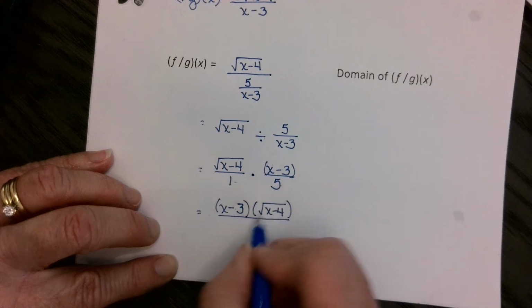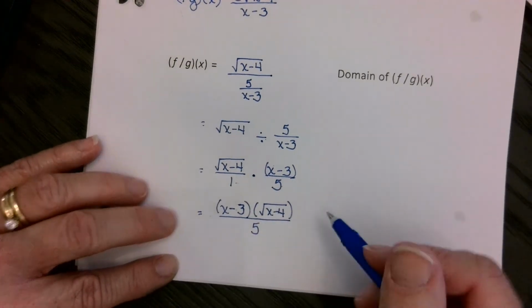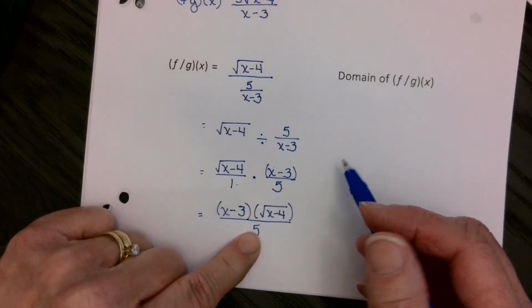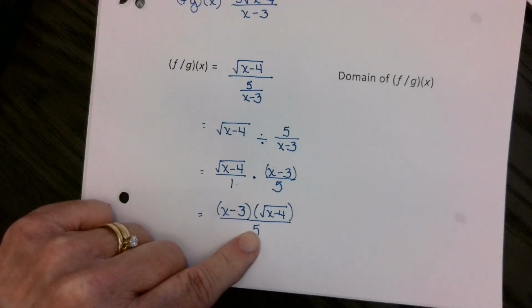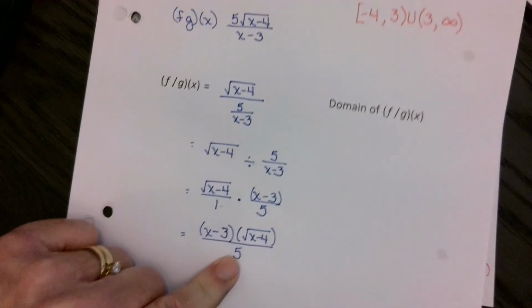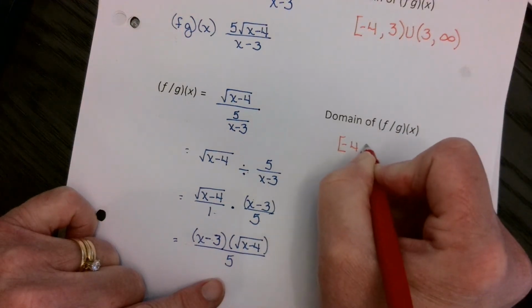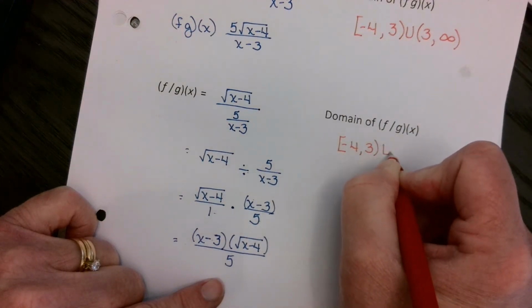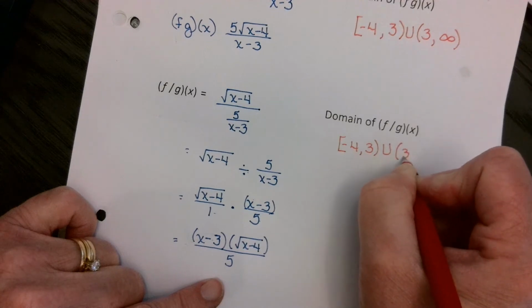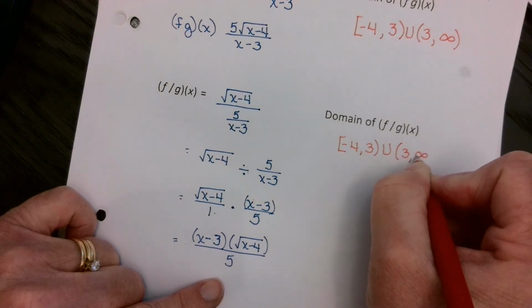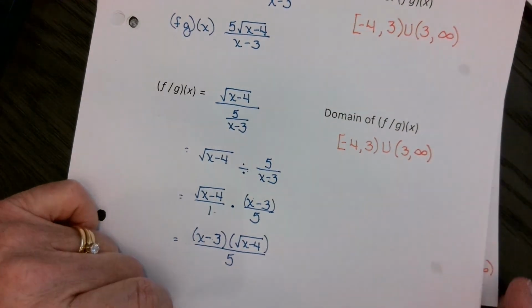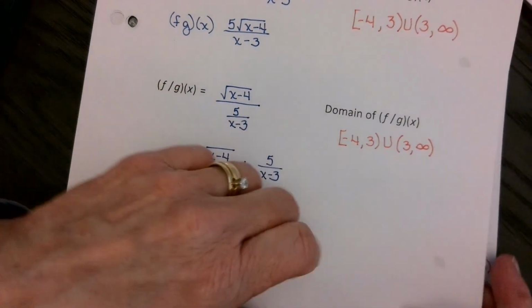But 1 times 5 is 5. Again, we don't have a letter in our denominator, so we don't have to exclude anything that we haven't already. Okay, that's our domain. Again, take the most restricted and combine the two.